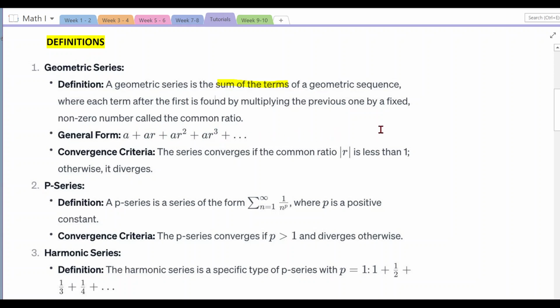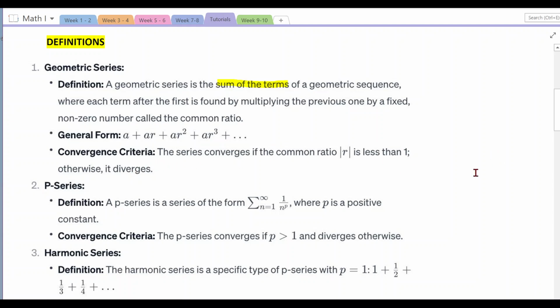The convergence criteria for the geometric series is given here. The geometric series converges if the common ratio r, which is the ratio between the second term and the first, the third with the second, and so on, has absolute value less than 1, for example half, 1/3, and so on.